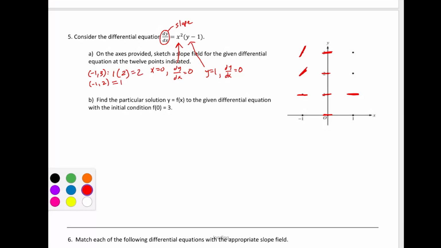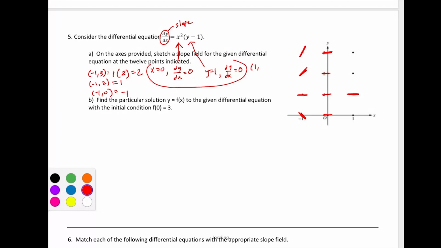And finally, negative 1 comma 0 is going to be 1 times negative 2. Oh, wait a minute. Sorry, no. Negative 1 minus 1. Oh, no, that is right. Oh, hold on. Let me think for a sec. We're plugging in 0. Sorry. So, negative 1 squared is 1 times negative 1 is negative 1. And now let's move over to the right-hand piece of this where x is 1.